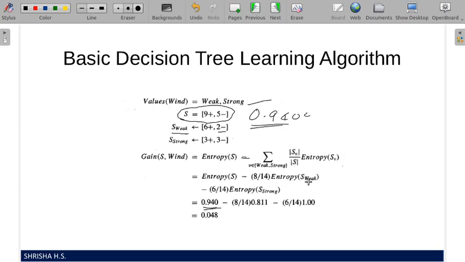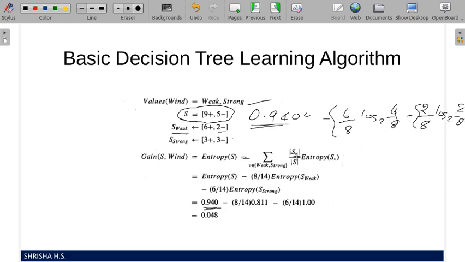Entropy of S weak. How do we calculate it? We know that minus 6 by 8, because the total number of weak values is 8, log 2 of 6 by 8, minus, this is for the negative example. For S weak, out of 8, 2 are negative examples, 2 by 8 log 2 of 2 by 8.